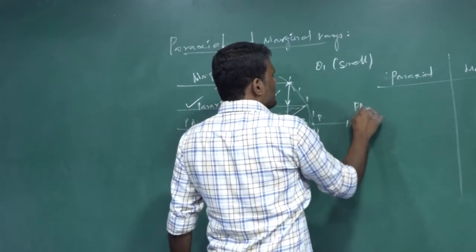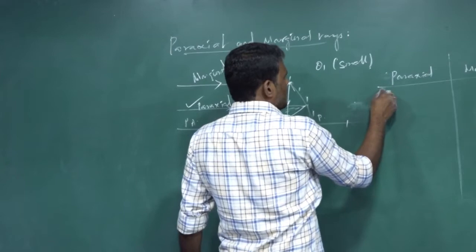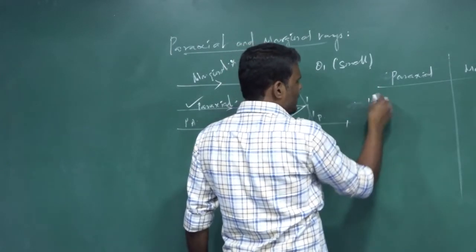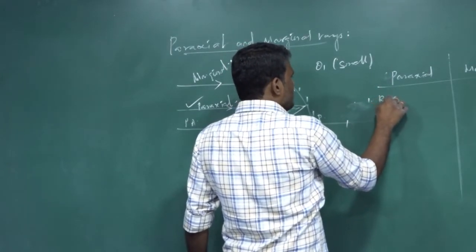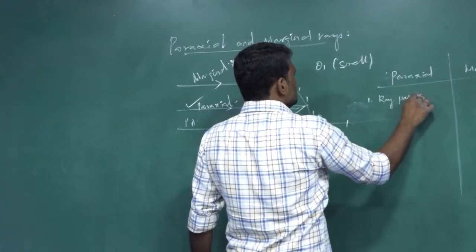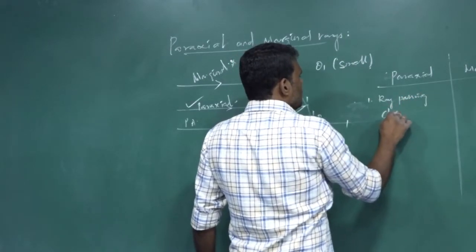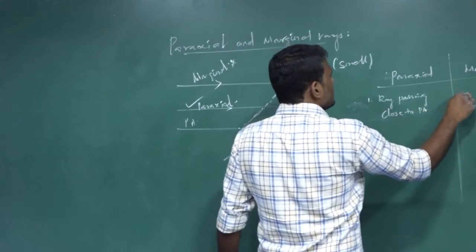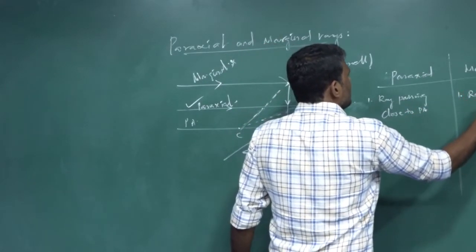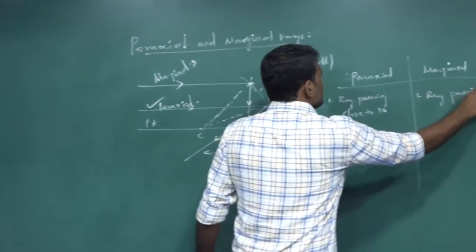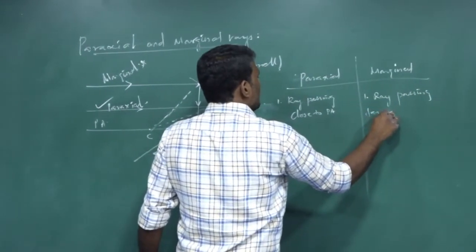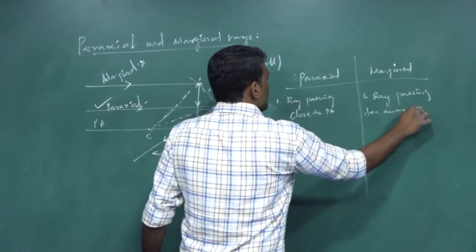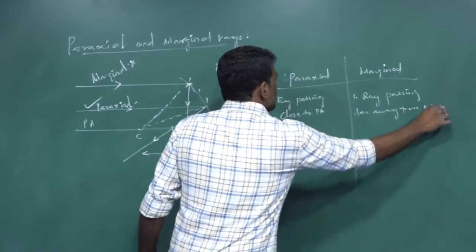Point 1: when compared to the principal axis, paraxial rays pass close to the principal axis. Here, marginal rays pass far away from the principal axis.